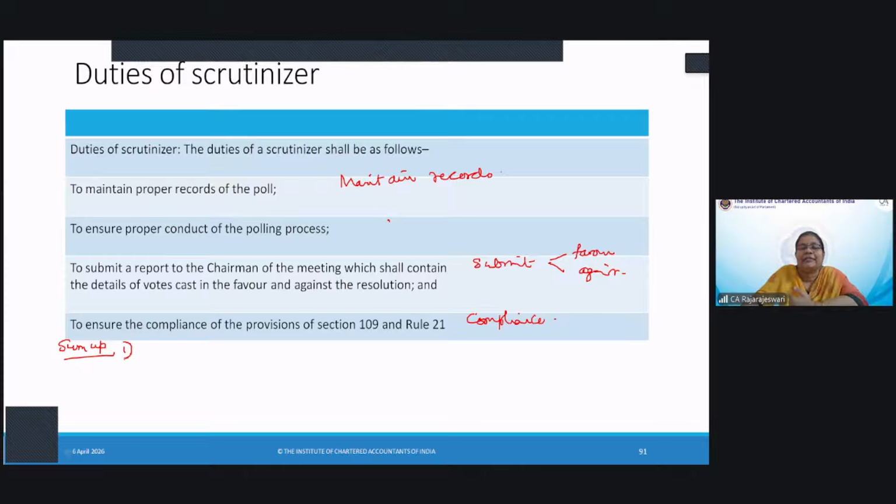Try to recollect the points. 4 points you have to write. What are they? First one, we will say maintain proper records. The keyword is proper records. Maintain proper records. Then proper conduct.